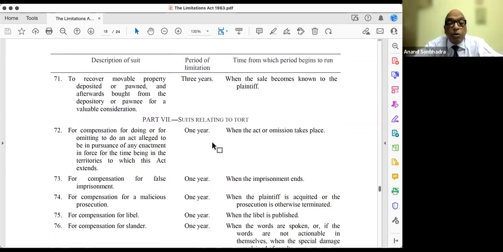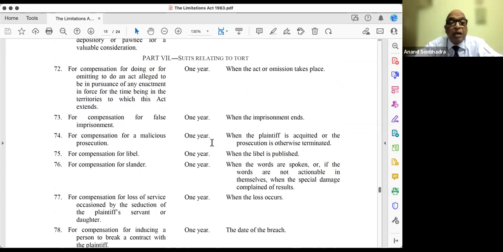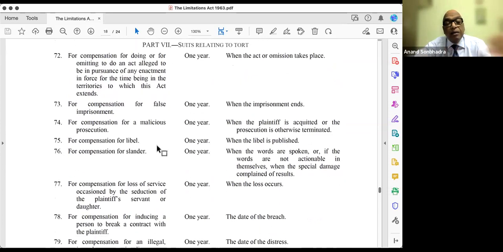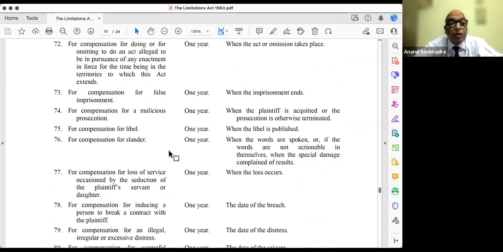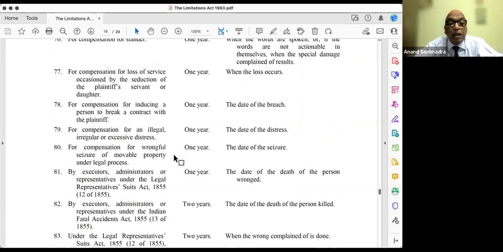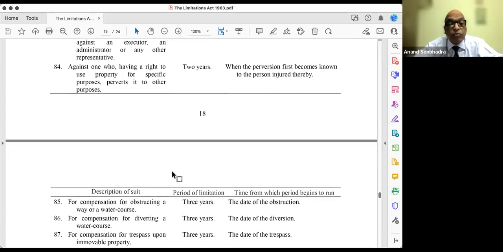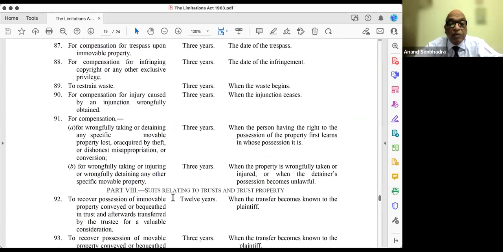Suits relating to torts, largely 1 year time has been given. And I think for the sake of speeding up and not taking too much time, I'm not reading through each and every article. There are certain aspects which give you 2 years, 3 years time also. It's quite exhaustively covered.